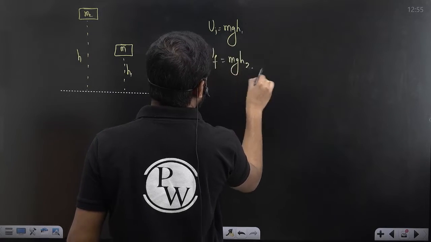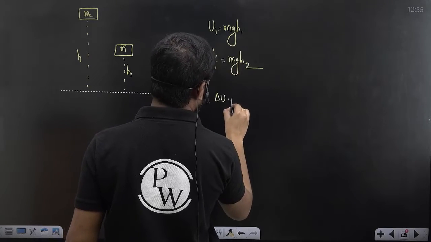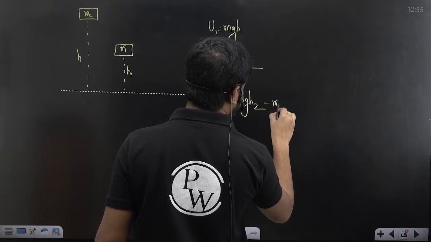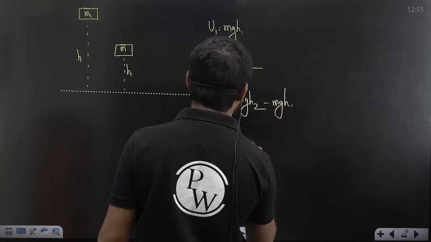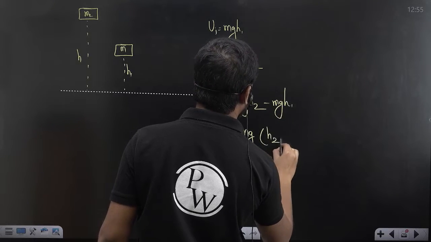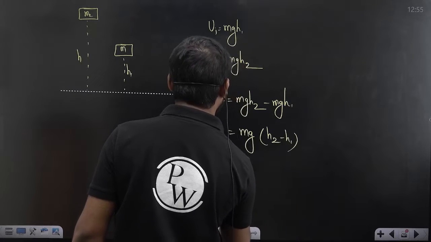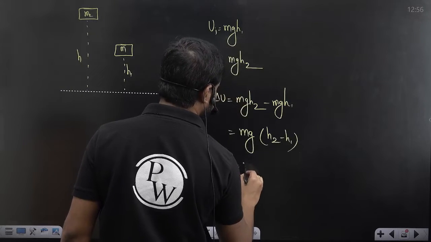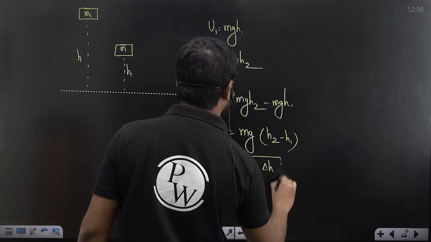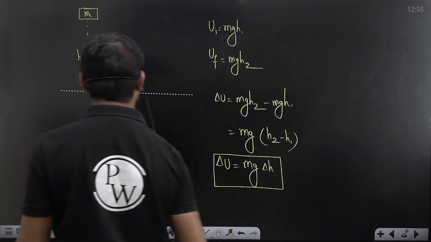So the change in potential energy is final minus initial, mg h2 minus mg h1. Taking mg out, we get mg times (h2 minus h1), or the change in potential energy is mg into delta h.